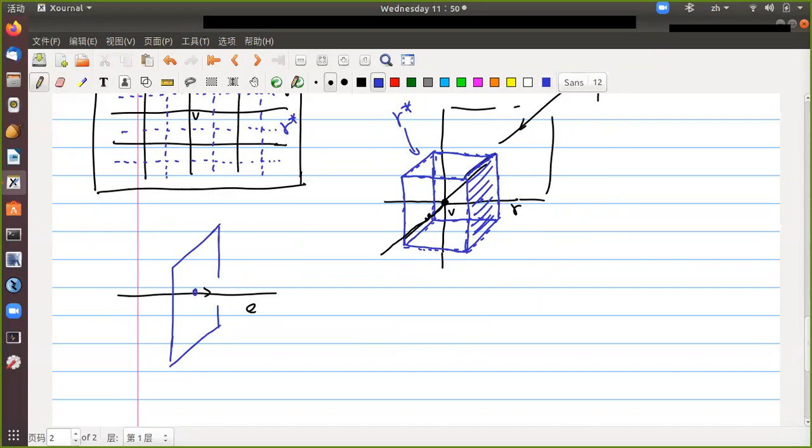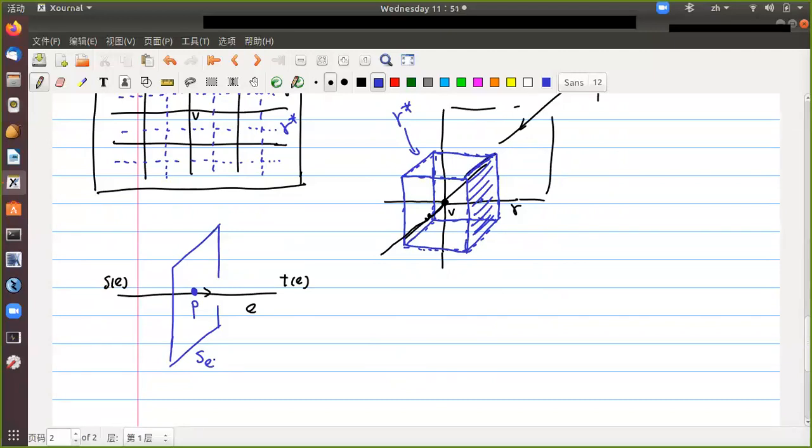This is the intersection point, which I call P. This is the source of E, and this is the target of E. And this dual face is what we call S sub E. Okay, this is the dual face.